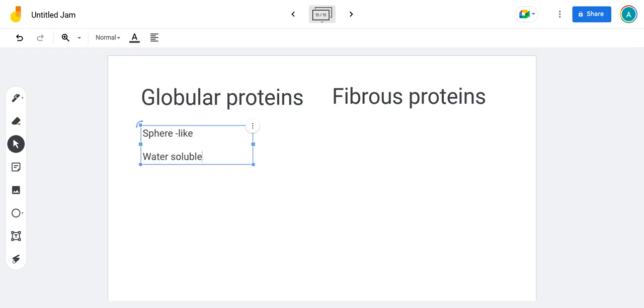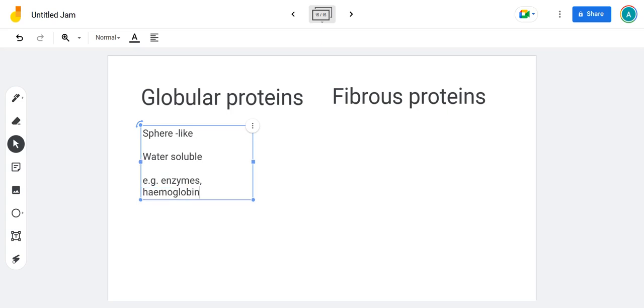All right, soluble in water. Things like enzymes are the most famous example. And the other example that they specifically want you to know in your course is hemoglobin.